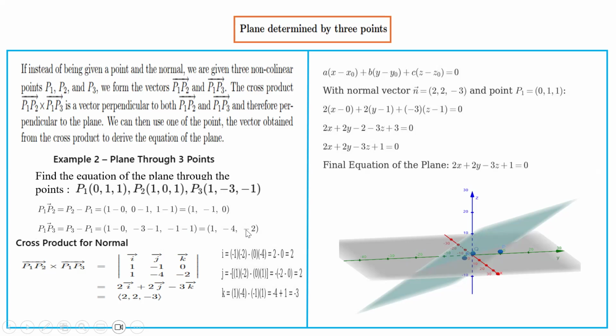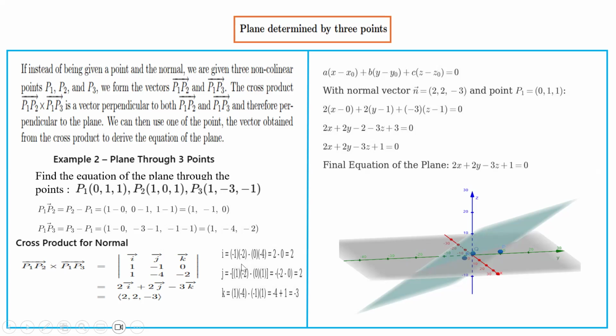So now that we have these two new vectors, we're going to find the cross product of those two. To find the cross product, we set it up as a 3 by 3. I have a little working here. For i, we use -1 times -2 minus 0 times -4, which gives us 2 minus 0, and that would be 2.